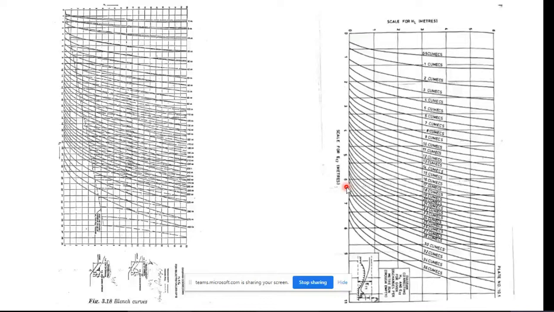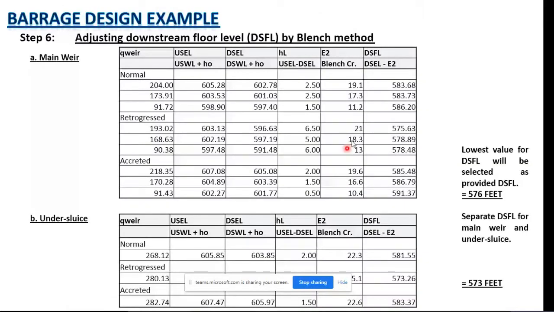E2 denotes the specific energy at the end of the hydraulic jump. If we know the specific energy at the downstream side of the hydraulic jump and the downstream energy level, the downstream floor level can be found as the difference of the downstream energy level and the specific energy at the end of the hydraulic jump.